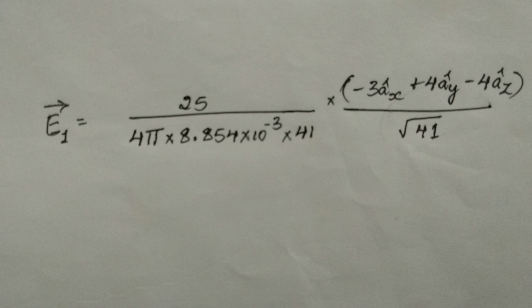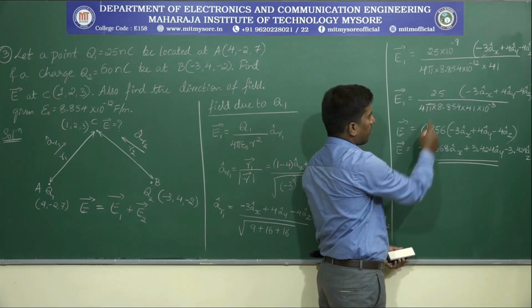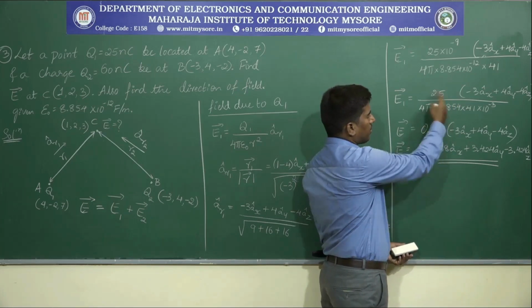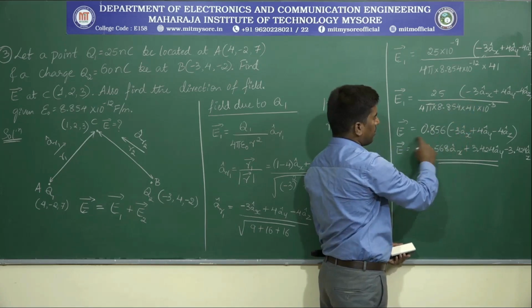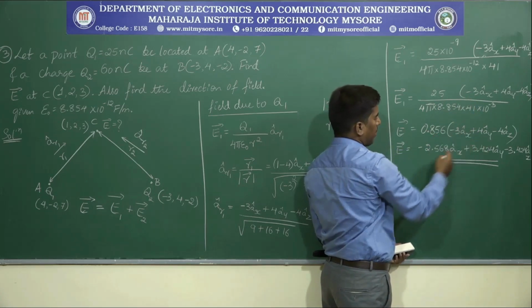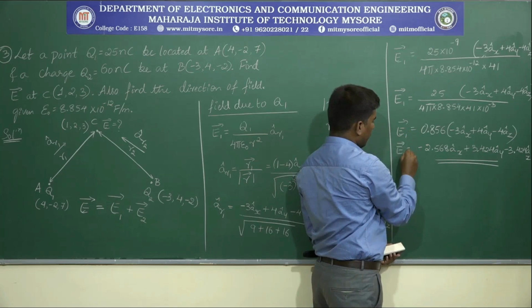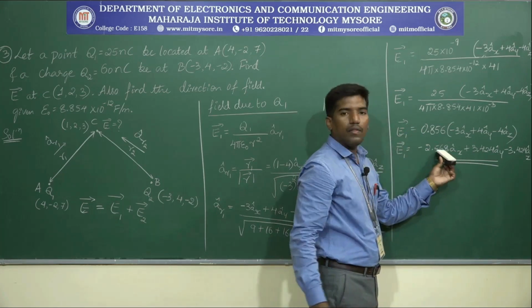Minus 3 A cap x plus 4 A cap y minus 4 A cap z. So after solving this step, we will get 0.856 out of this number, and we need to multiply this, taking 0.856 into the bracket. So we are left with electric field intensity E1 equal to this much.